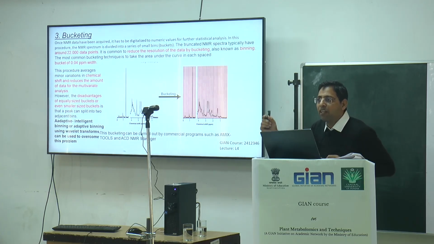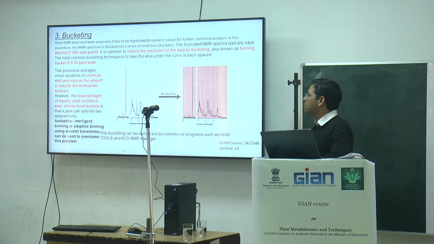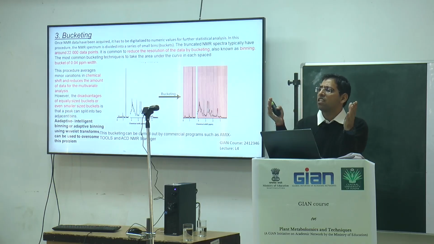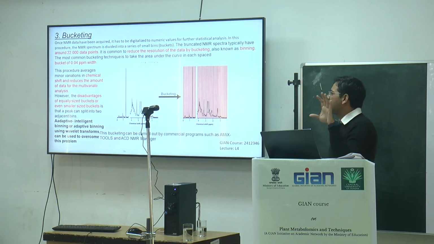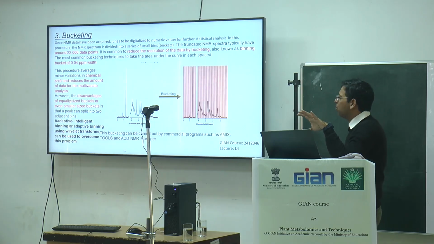Whatever peak is coming here, we can analyze as an individual sector as compared to the whole spectrum. This process reduces the effect of minor variation in the chemical shifts, and second, most importantly, it reduces the data. The raw data is now reduced, because we lost a little bit of data here, but yes, we have to do the multivariate analysis, and for that we use this.